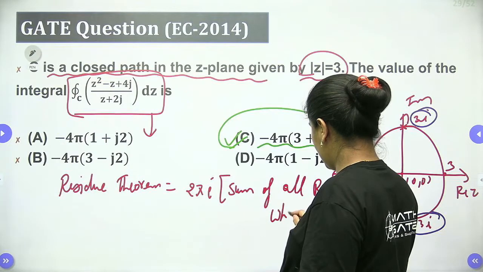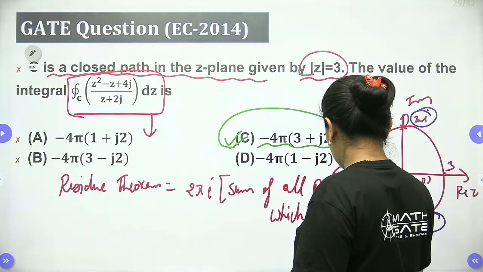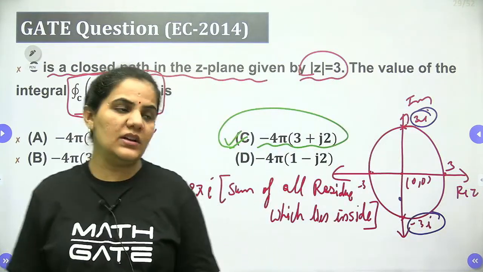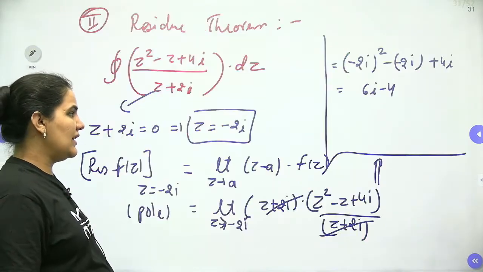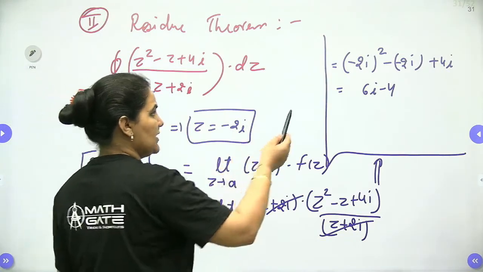So when we approach here, the residue which lies inside will be 6 iota minus 4.